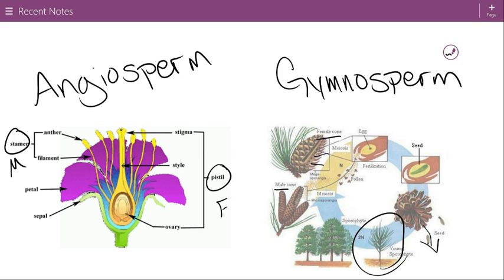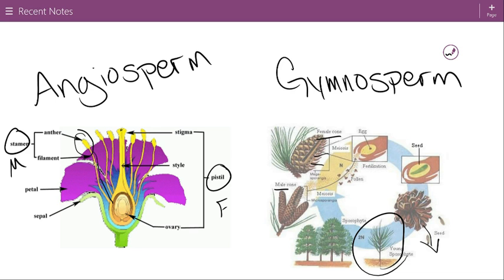And an angiosperm is a little bit more complicated. The pollen is contained and made on what's called the anther, which is held up by the filament. The anther then, depending on the type of plant, can either directly transport the pollen to the stigma, which is a direct deposit in a self-pollinating plant.